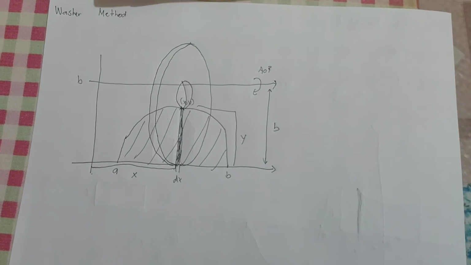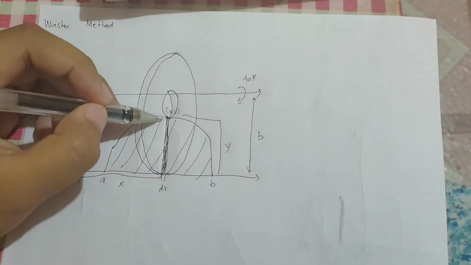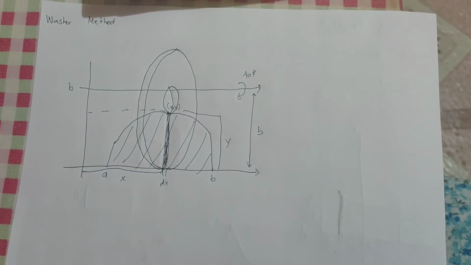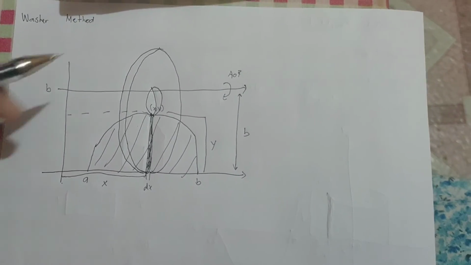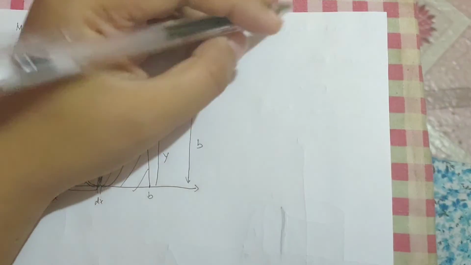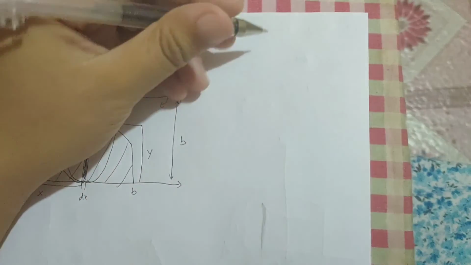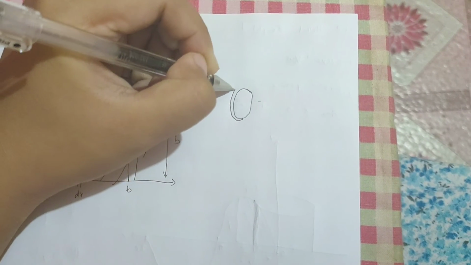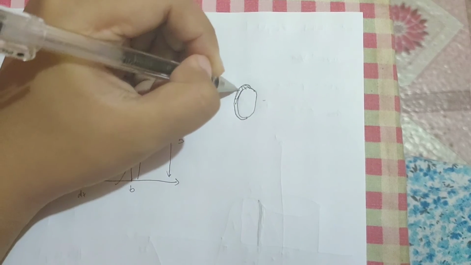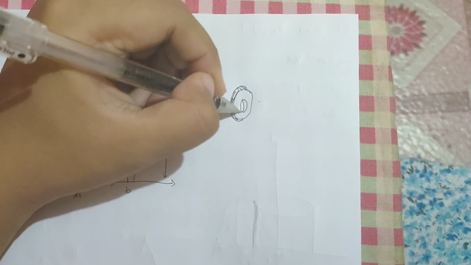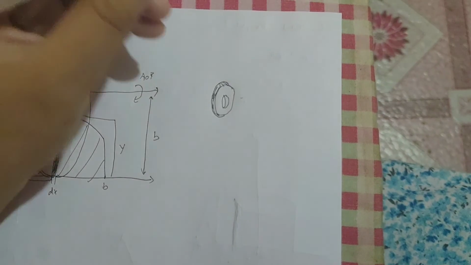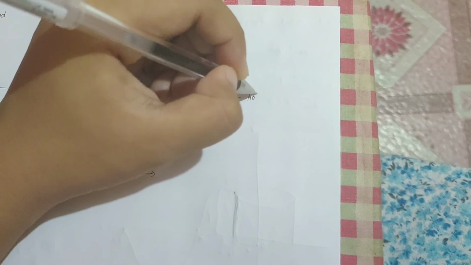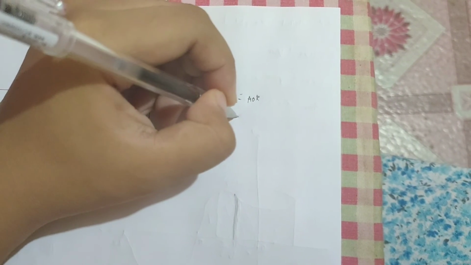That is the difference of washer method and this method in terms of drawing. It looks like an avocado shape. So let's extract this avocado shape here. From the middle, this will be our area of rotation. Below will be our b minus y.